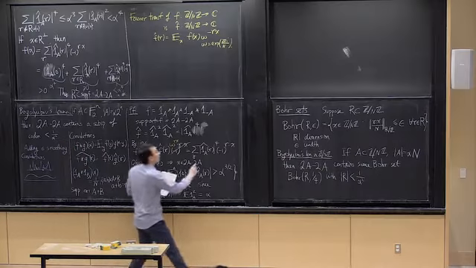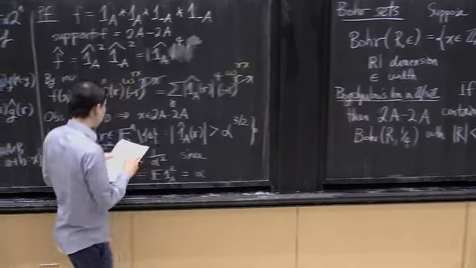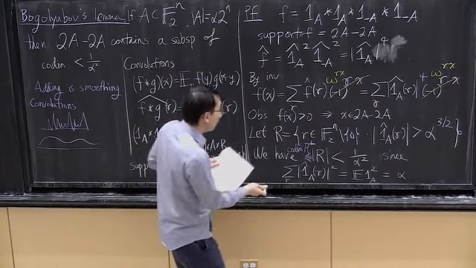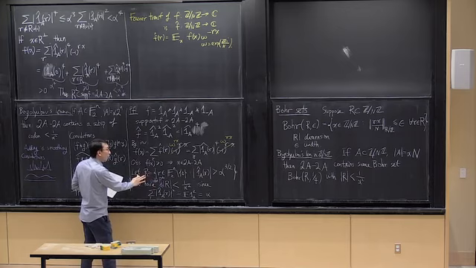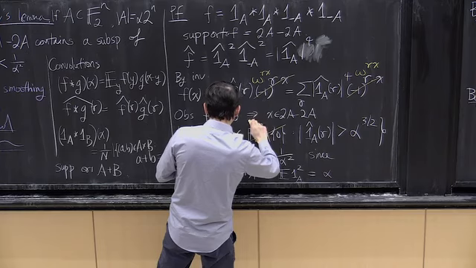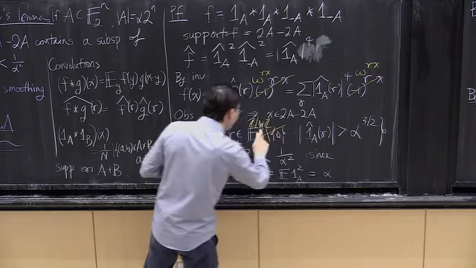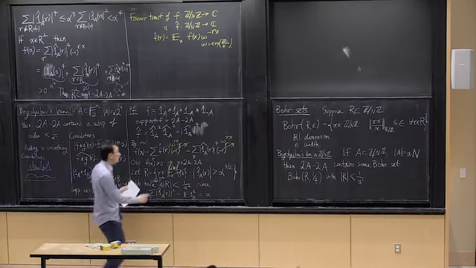The next part is the same, where we define R. So now we define R to consist of elements of Z mod n whose Fourier transform is large. I can take out 0.